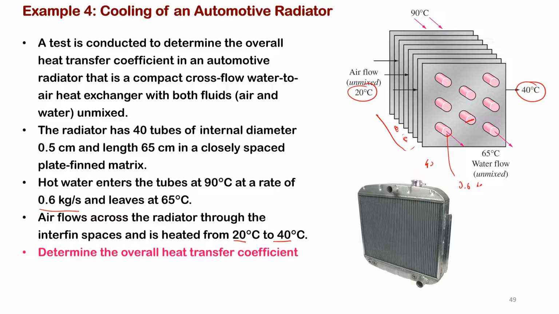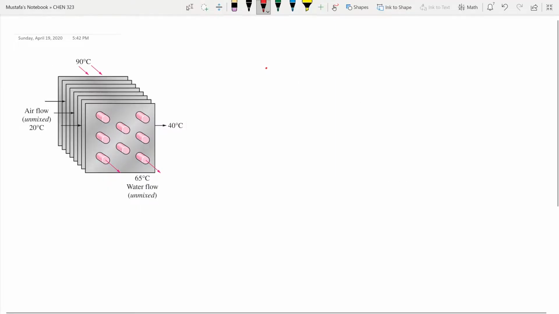So our goal is to find U. What is the U for this process? So this is cooling of an automotive radiator. So what do we know?